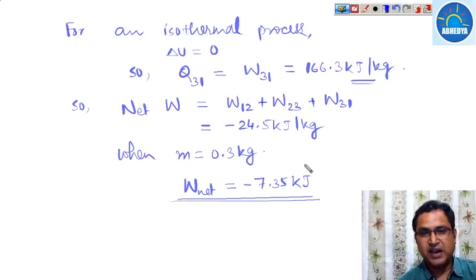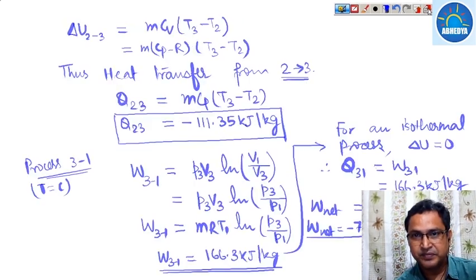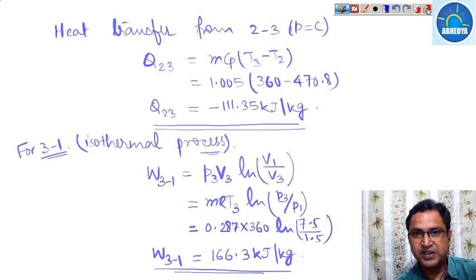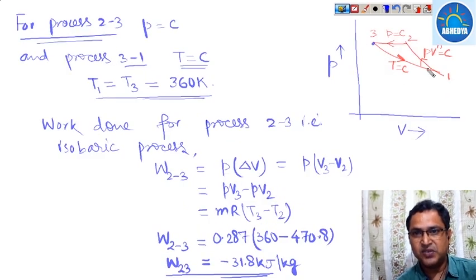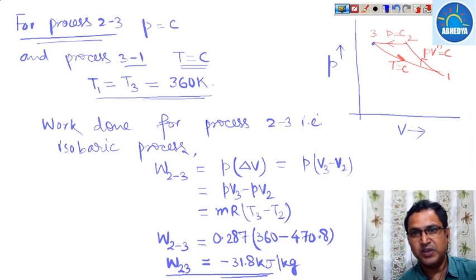This negative sign basically shows that this much amount of work is being done on the system, and if we see the figure, it is also an anti-clockwise figure. So since it is an anti-clockwise figure, the work has been consumed.